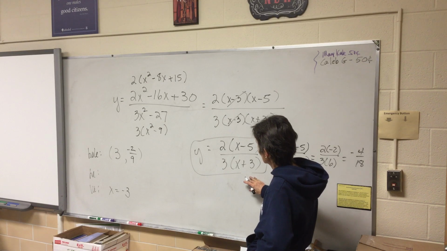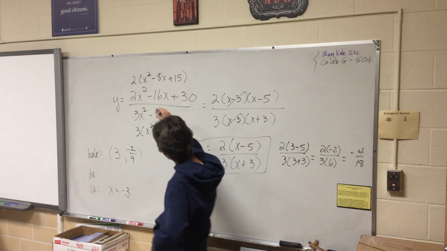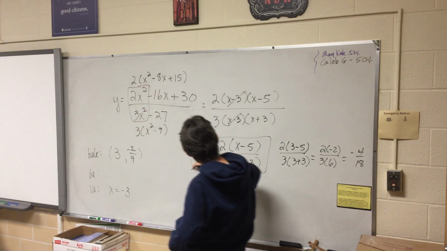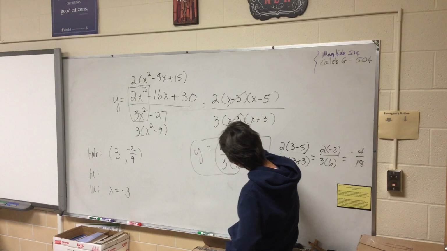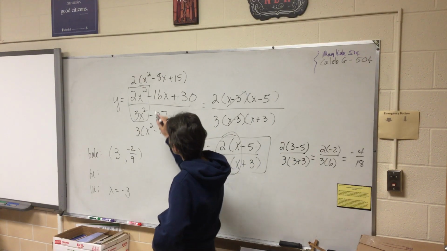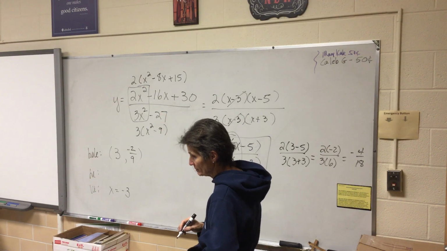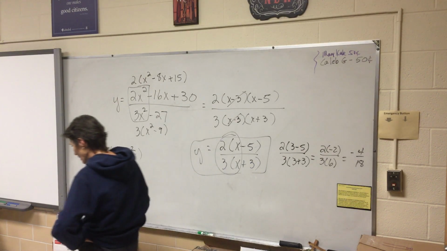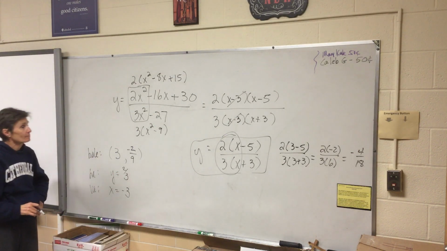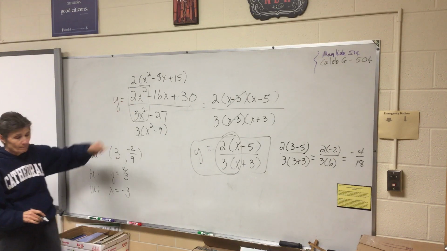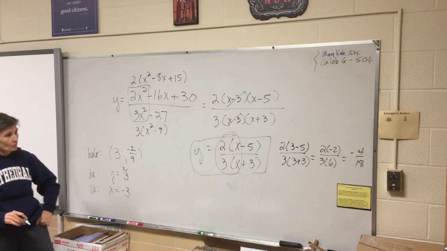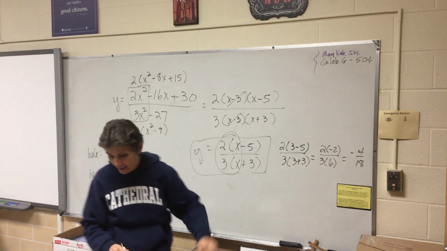And then to get your horizontal, you box it in either at the very beginning of the whole problem, or right here, you have 2x over 3x, or 2x squared over 3x squared. So your horizontal asymptote is y equals 2/3. Doesn't matter where you get it from.